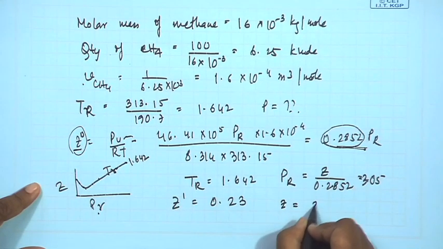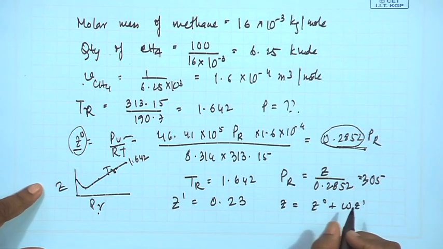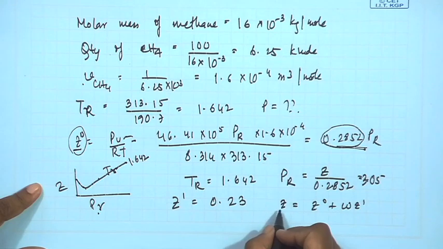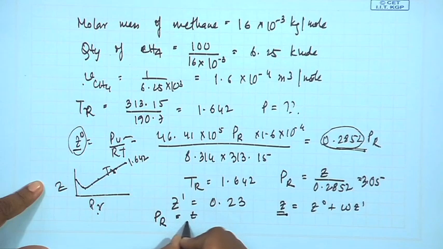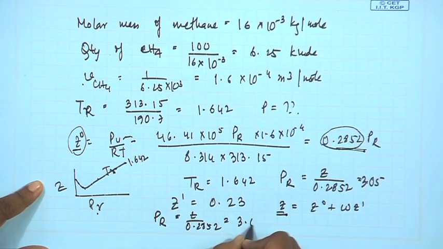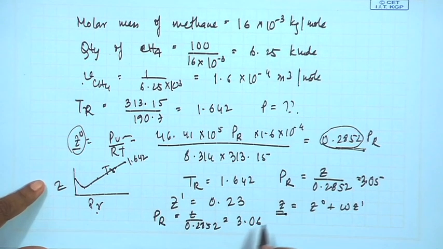You can find Z as Z0 plus omega Z1, omega is already given. So, from there you can find out the final Z. Using this final Z, you can find out PR as Z by 0.2852. You get PR as equal to 3.06, and from there you can find out P.